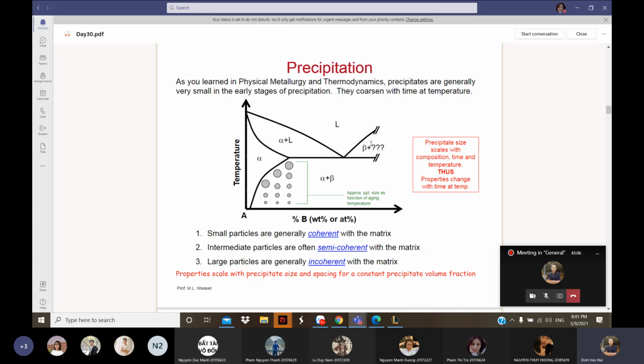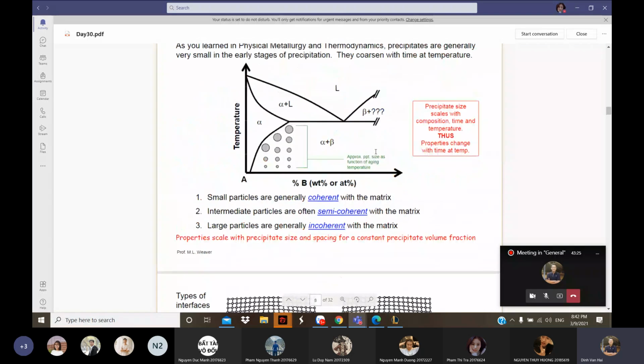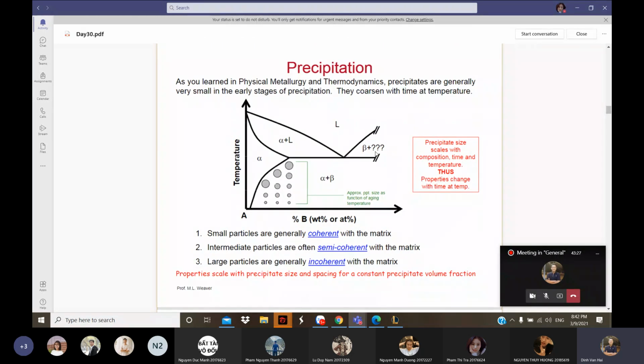So people try to explain why, when we use this formula to calculate the shear stress, they felt that it's at a very low value. The dislocation can cut or go over the particle, but in reality it's not easy like that.